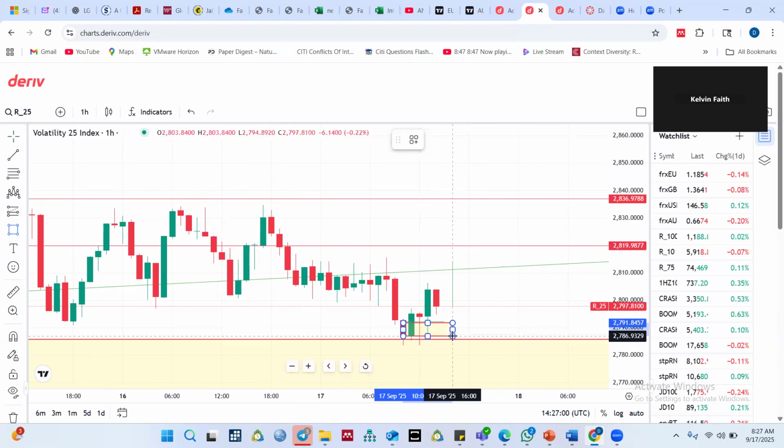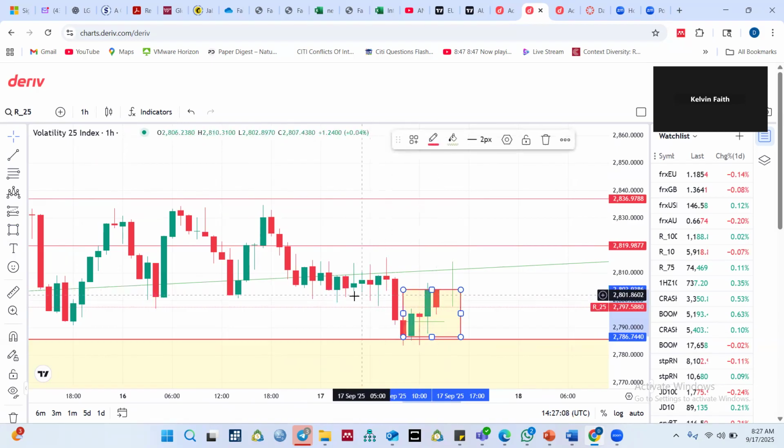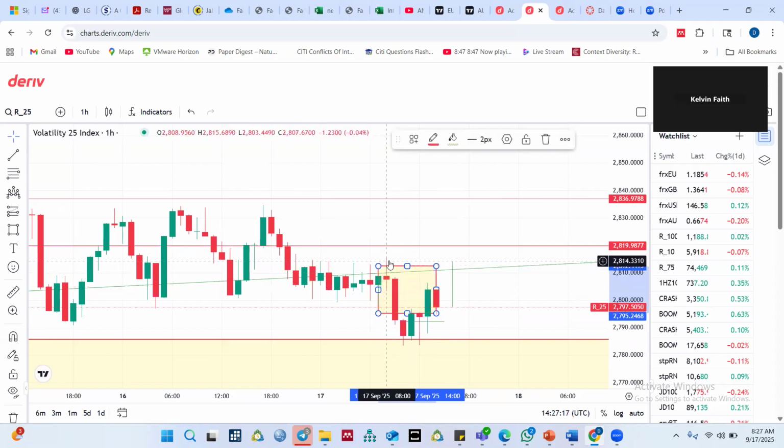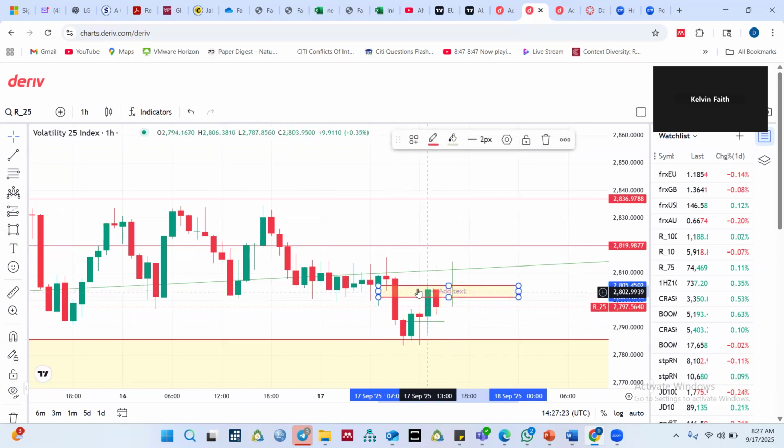We have seen another 1 hour candle that has pushed to the upside. It's reacting into the lows that were taken out below the trend line, and also this area looks like a fair value gap where price is reacting now.